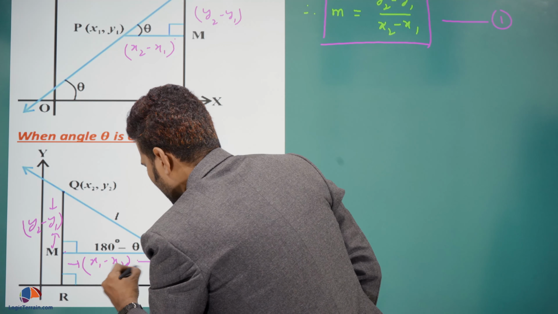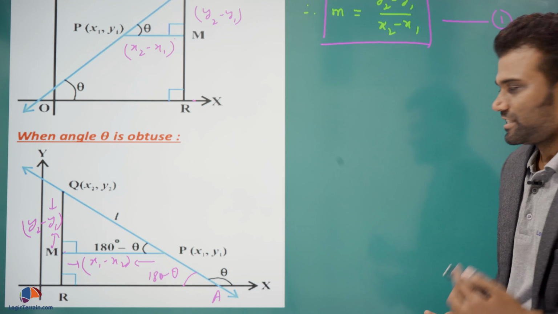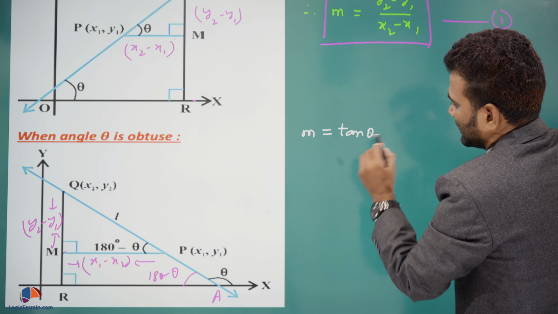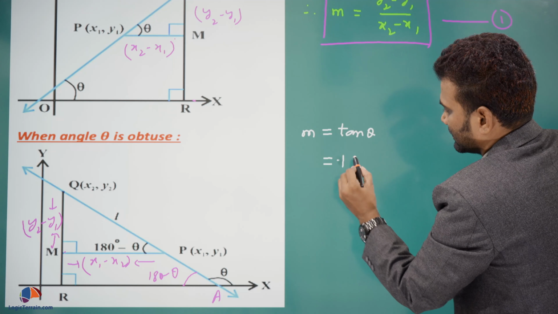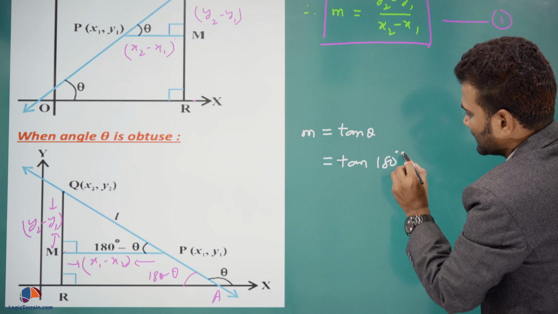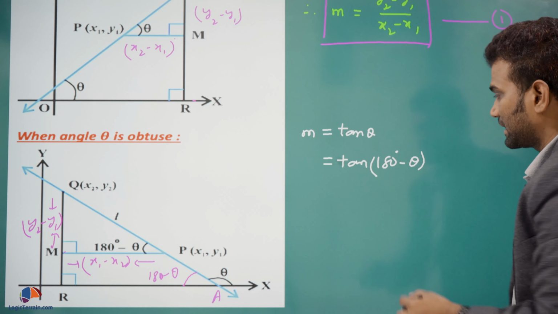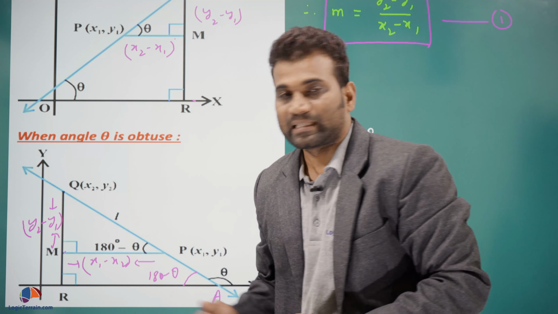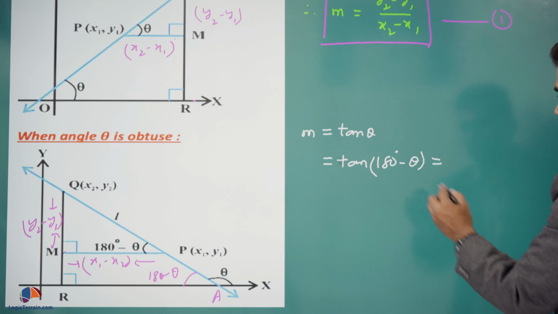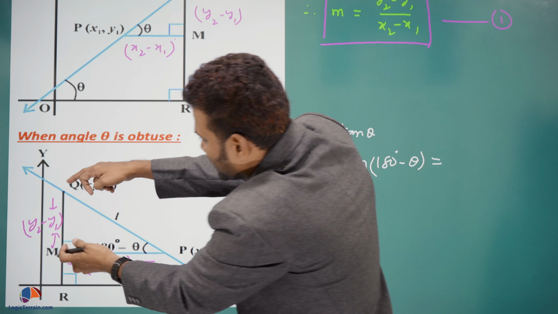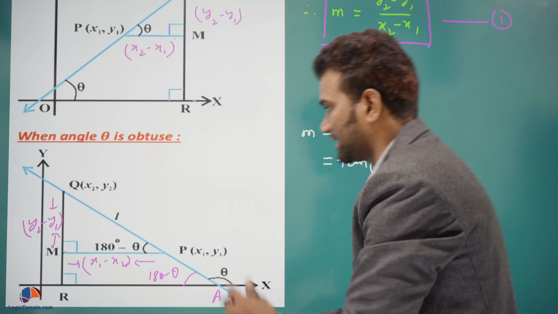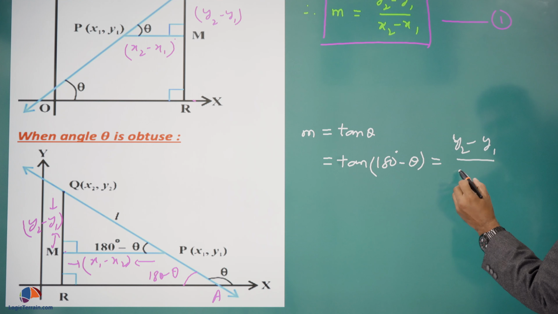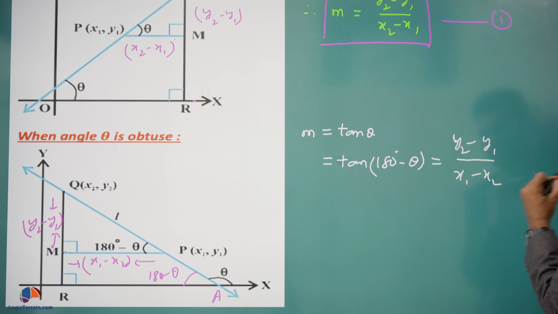Now again, by definition of slope, m equals tan theta. Here the angle is 180 degrees minus theta, and since PMQ is a right angle triangle, using the tan trigonometric ratio, opposite side upon adjacent side, that is y2 minus y1 upon x1 minus x2.